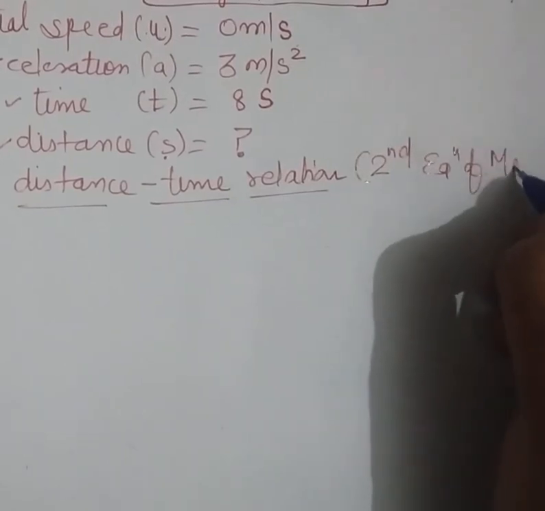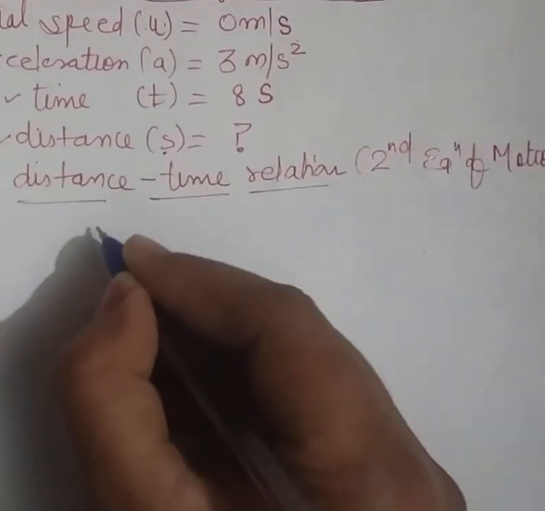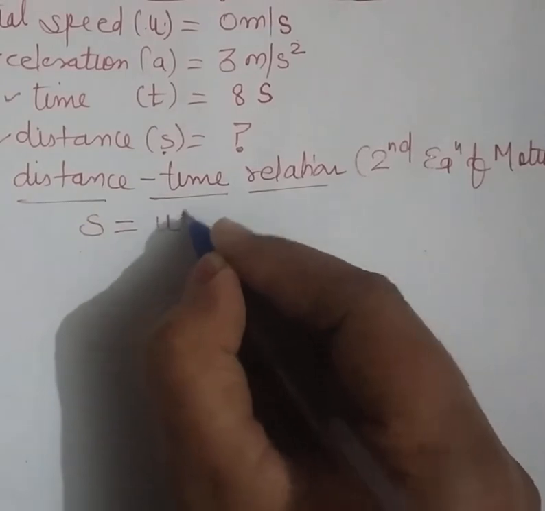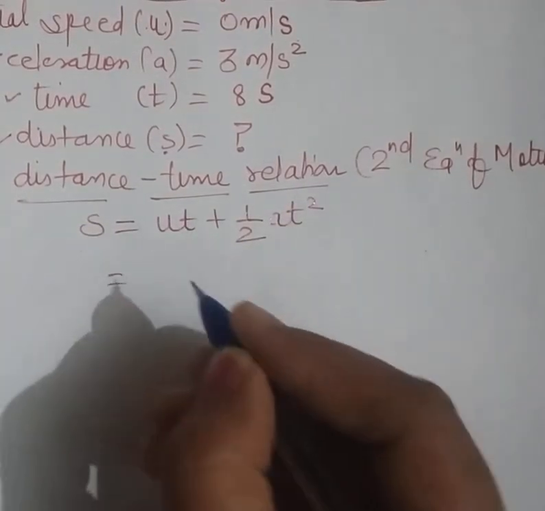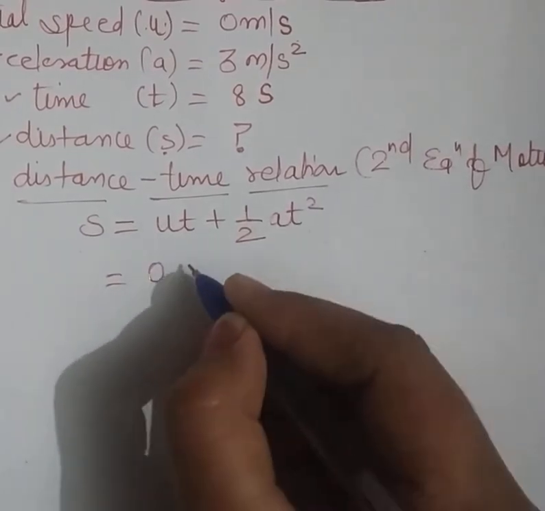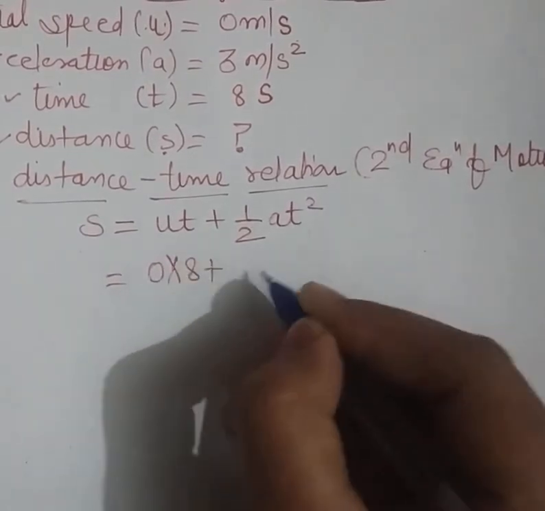What is the second equation of motion? s equal to ut plus half at square. What is u? 0. t is 8, plus half.